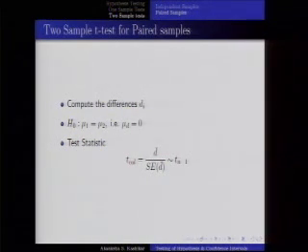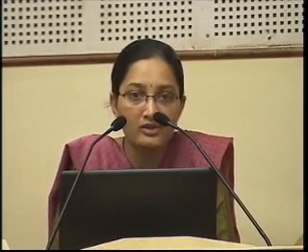So in such a case, my first sample would be their scores on a hyperactivity test before administering the drug, and my second sample would be their scores after administering the drug. And I am interested in testing whether the average score before administering the drug is the same as the average score after administering the drug.